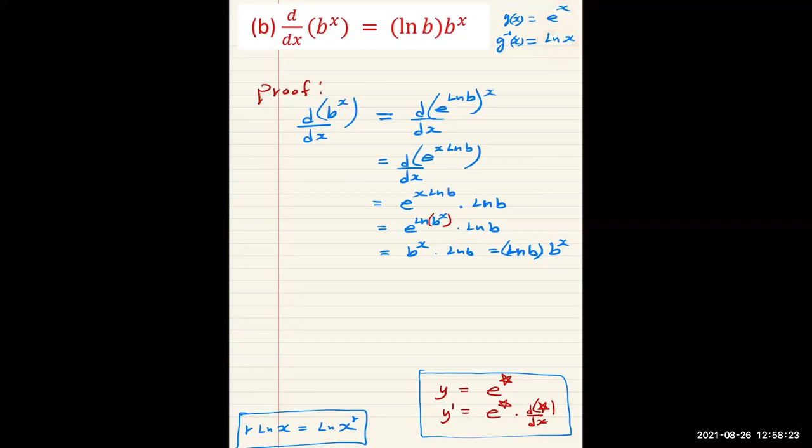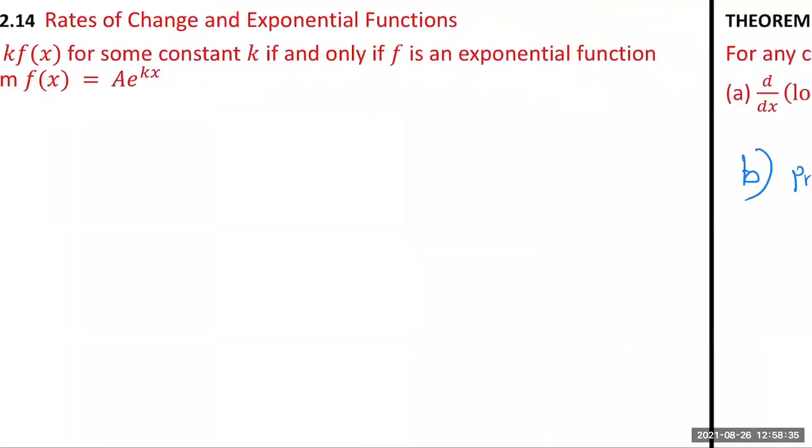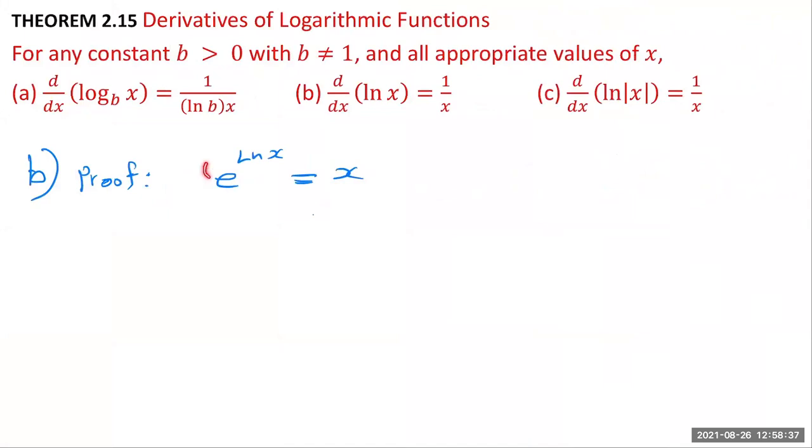That means e to the power ln x is the same as just x. So I have this statement here, e to the power ln x is the same as x.